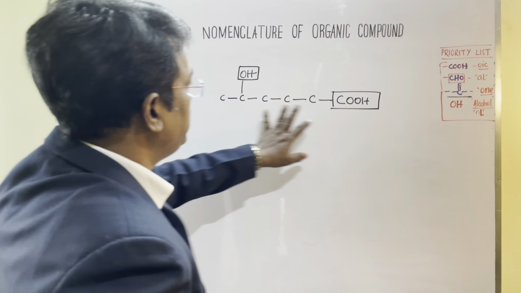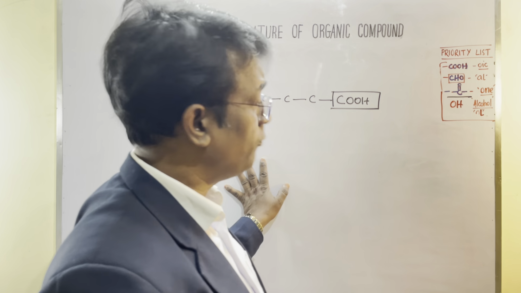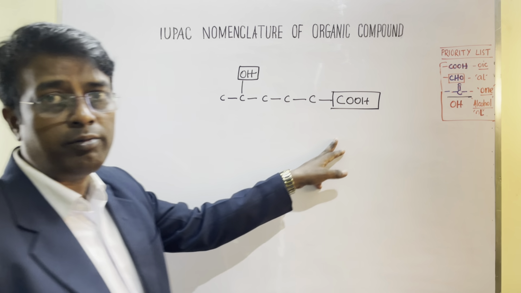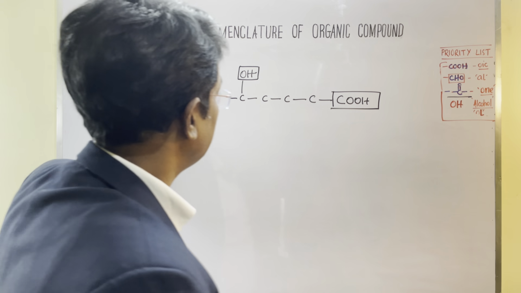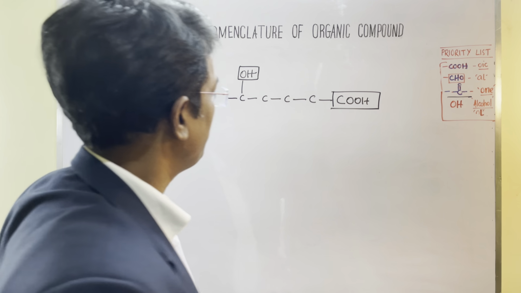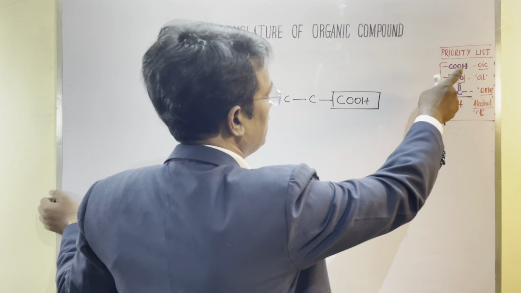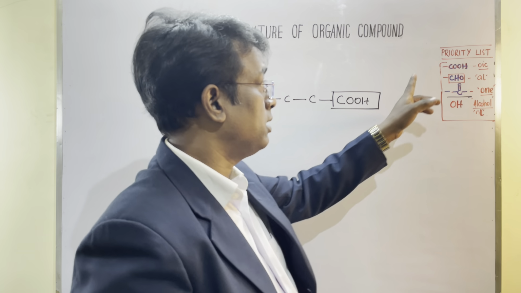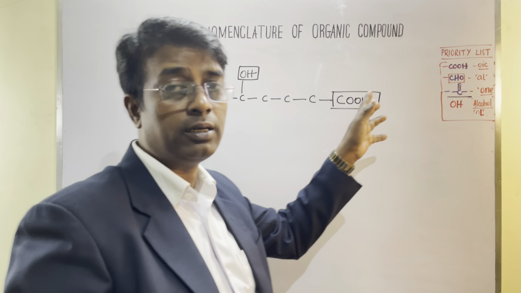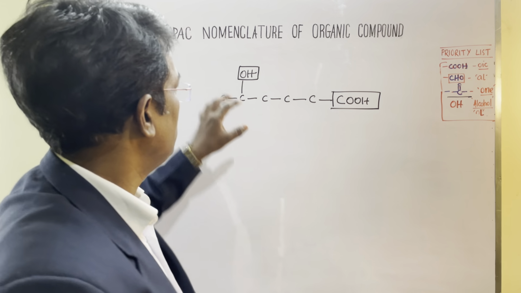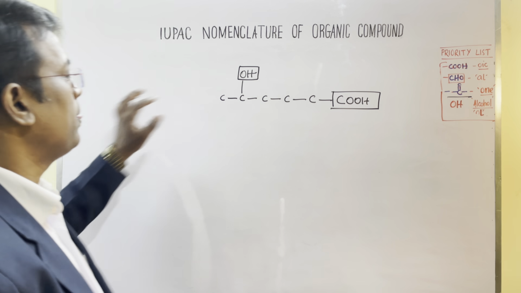But on the priority list, it's COOH. So the parent name will be recognized as acid, whereas the other group will act as the prefix. If a particular functional group finds a higher position on the priority list, it will be considered as the suffix, and the other one will get the prefix.